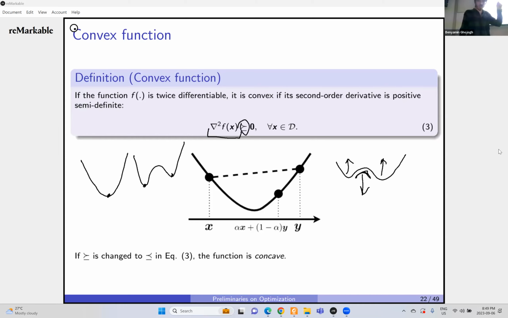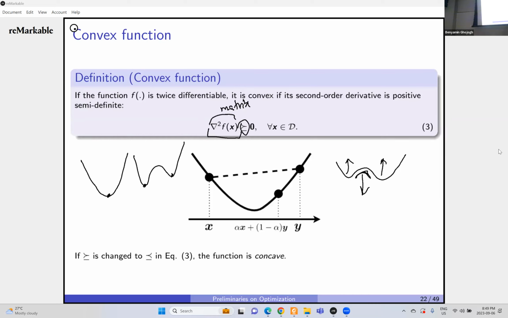Semi-definite means that its eigenvalues... as it is multi-dimensional, this Hessian is a matrix. The second derivative is a matrix. I will talk to you about that later in a few slides. But it is a matrix, and the matrix can be positive. If it is positive semi-definite, then it's convex. But what does positive semi-definite mean?